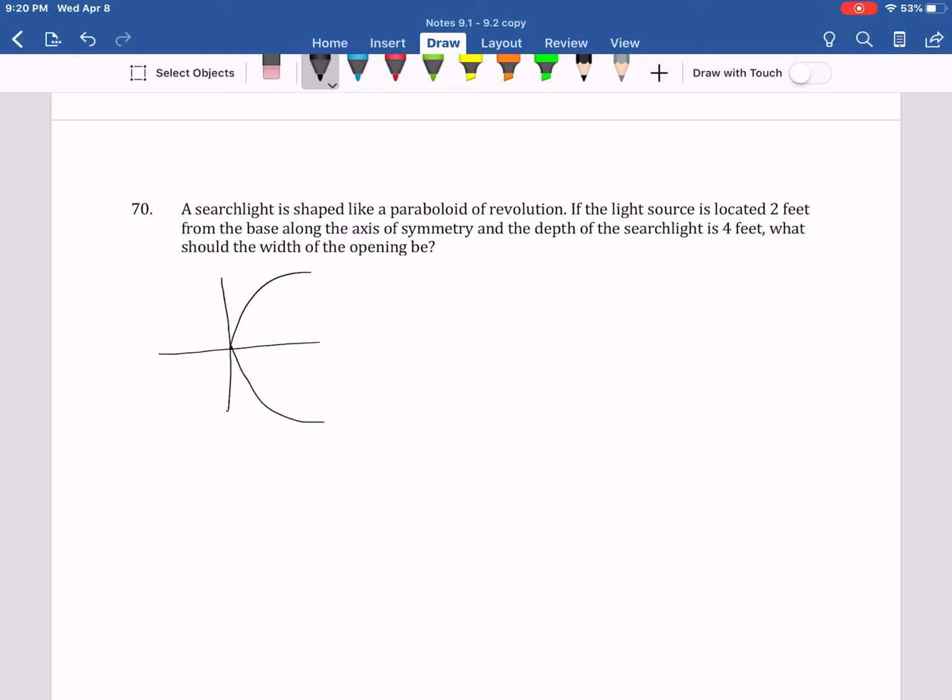What else do we know? The light source is 2 feet from the base along the axis of symmetry. My axis of symmetry is my x-axis. And the depth of the searchlight is 4 feet. That means that from here to here is 4 feet.